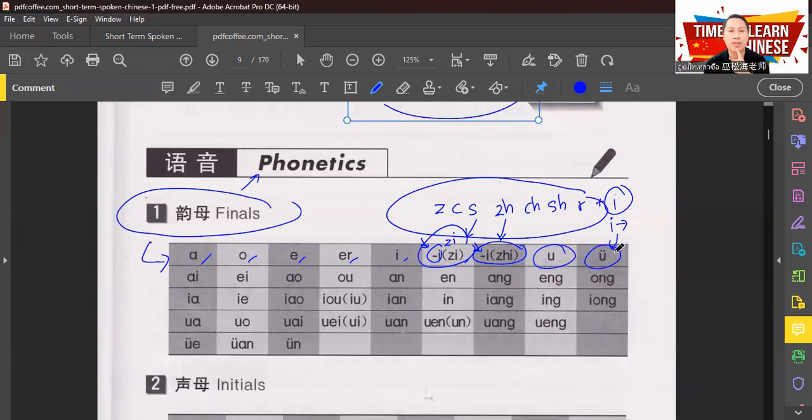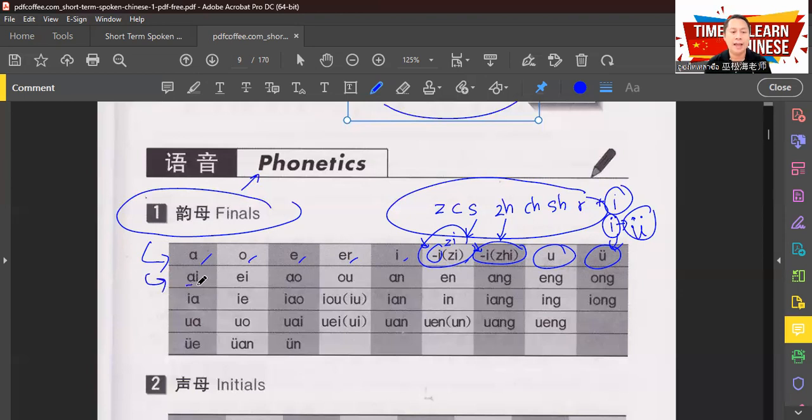You can see my mouth like this. Okay, this one, U with dots, we call it E. Okay, next one, the second row.